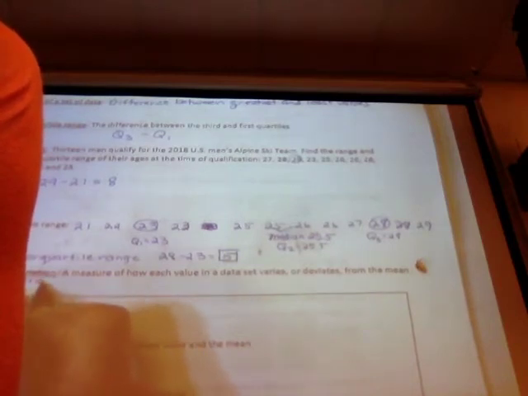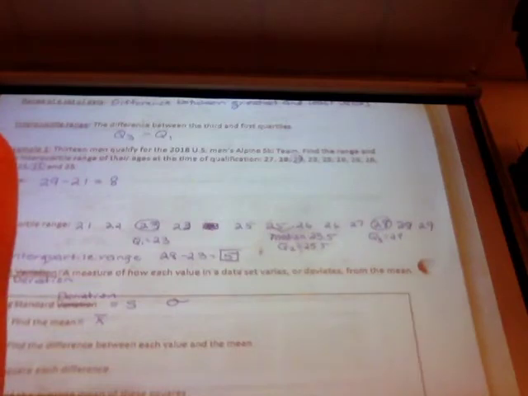The symbol for standard deviation is s, or it's this. It's a little Greek symbol that looks like that. Okay?